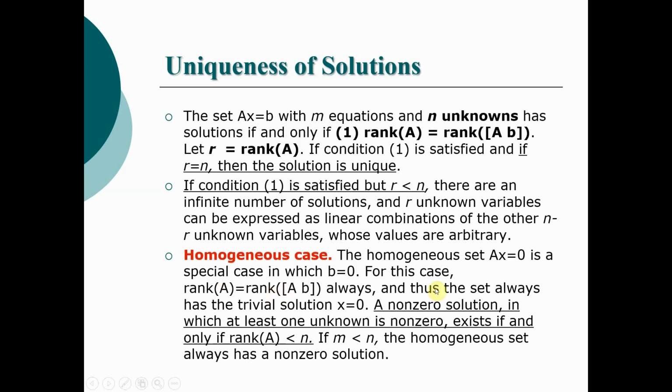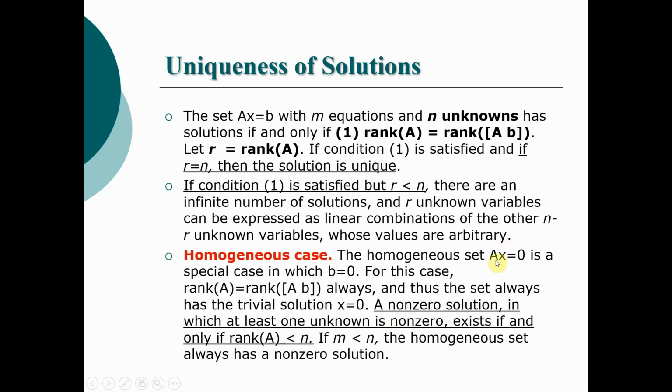Does this set always have a trivial solution x equal to 0? So for sure, there is always a solution where all the elements of x are equal to 0.